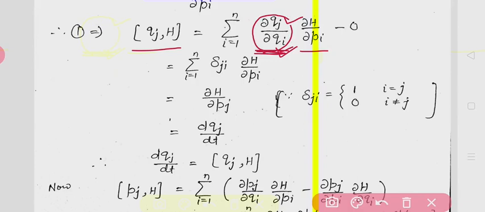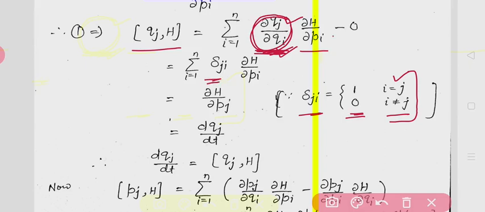You know that this function is known as the canonical delta. I denote this term as delta ji. When i and j are equal, it gives 1, and when not equal, it gives 0. So I write this value as delta ji, curl h over curl pi.